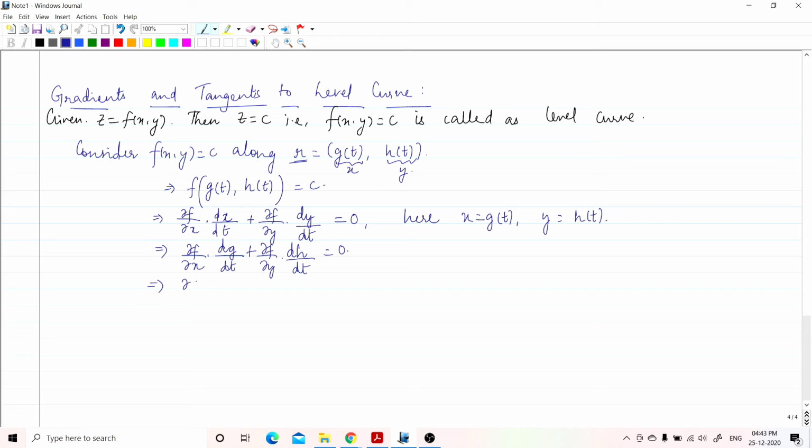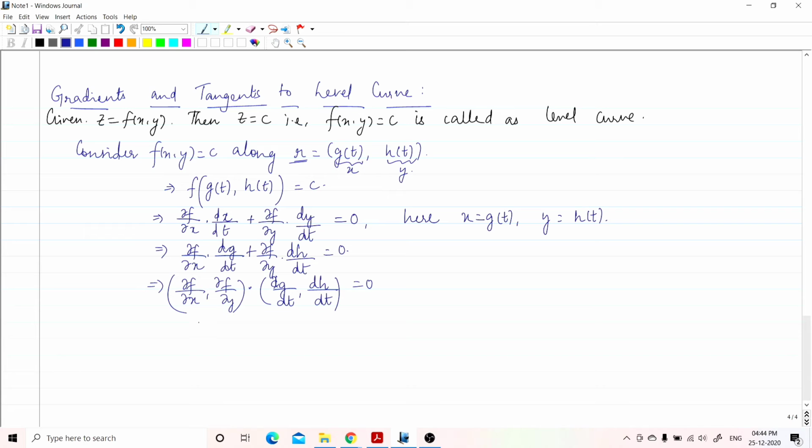So from this, I am writing del f upon del x comma del f upon del y as a vector dot product with d g upon d t comma d h upon d t equals 0. So is the calculation clear to you people? Guys, is the calculation clear?